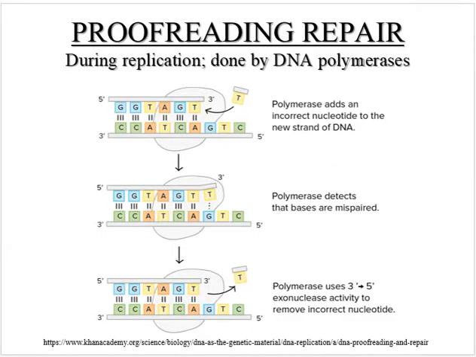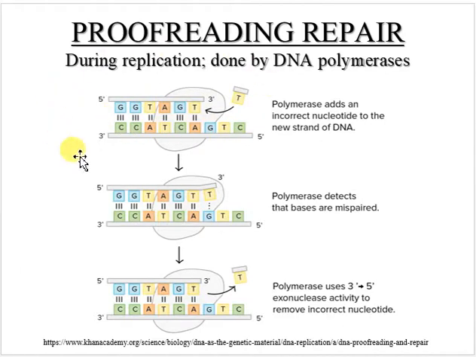So for proofreading repair, again, this is occurring during replication. This is one of your during-replication repair systems, and it's mediated or catalyzed by DNA polymerase. So the DNA polymerase comes along, right?